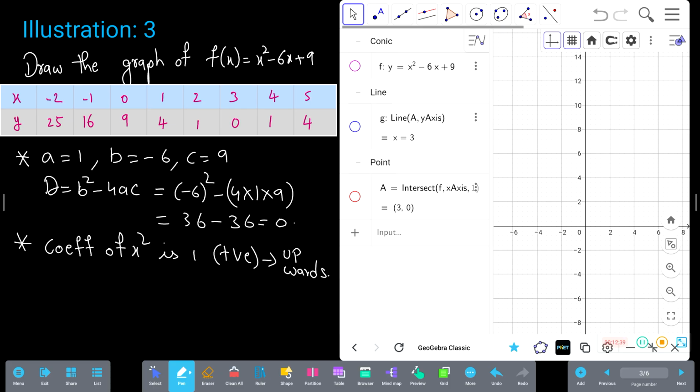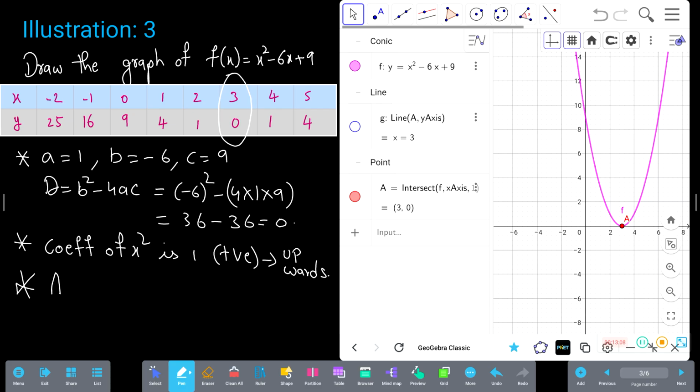So the next point is, if we draw the graph of this, here we can see this parabola is not intersecting the x-axis. Then what it is doing, it's just touching the x-axis at point A. Okay, so what is that point A? The point A is 3, 0.